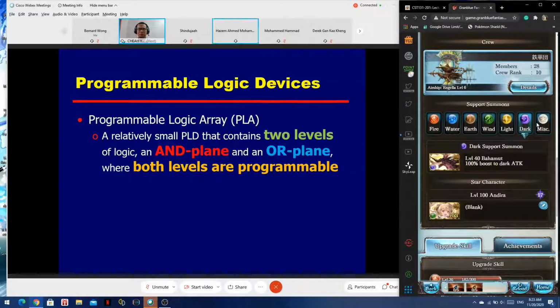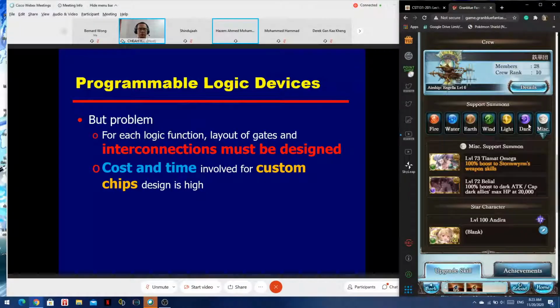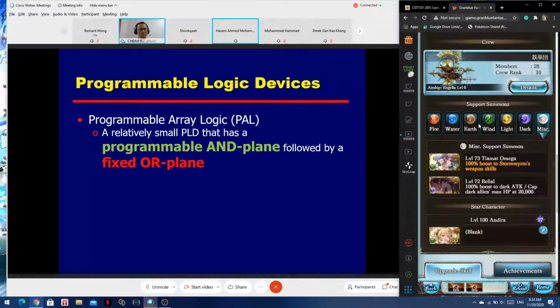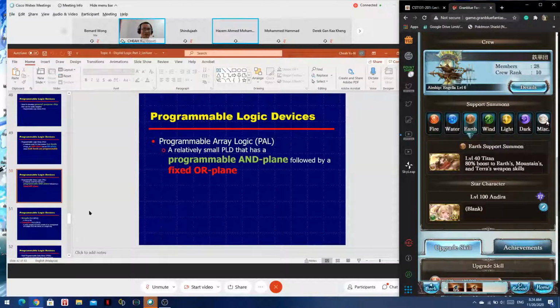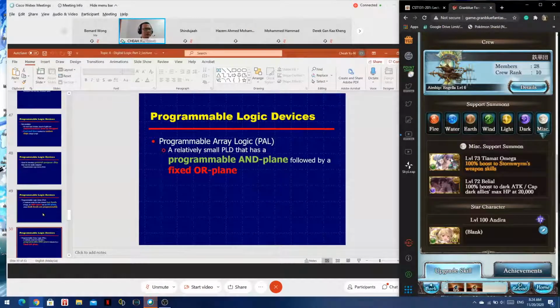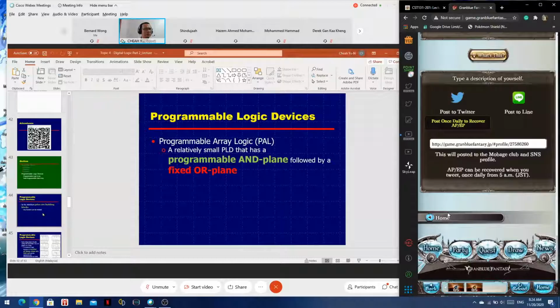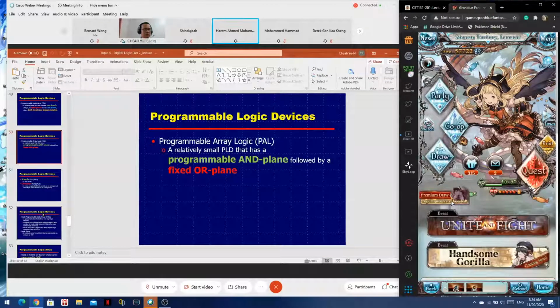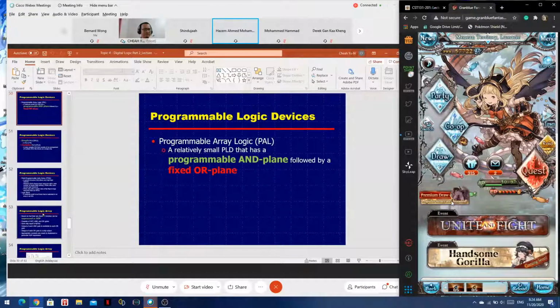I will get it to you. Slide 38. But it's not 38. If you can, do Control F and search fuse.